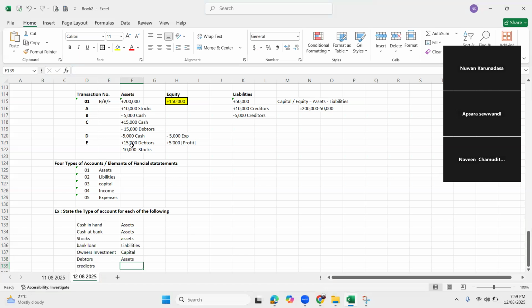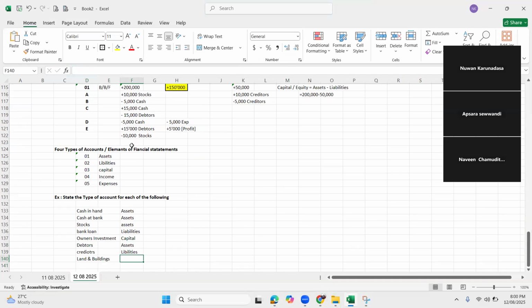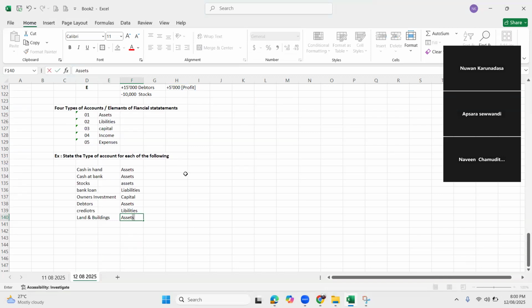Creditors. Liabilities. Very good. Then land and building. Not capital, wrong. Land and building, what is it? Assets.